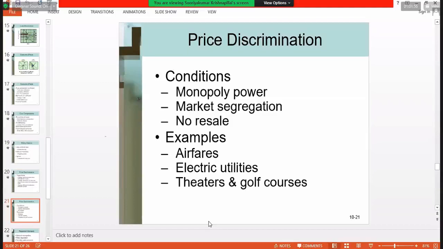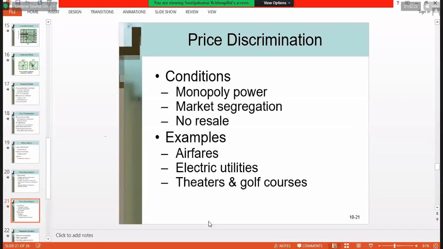The commercial sector has to pay a higher price, households a different price, and religious places a different charge. Because they charge the commercial sector a higher price, they get higher profit.